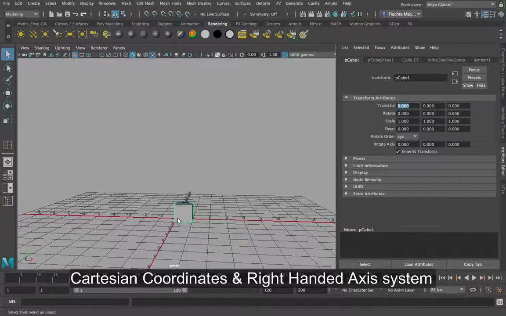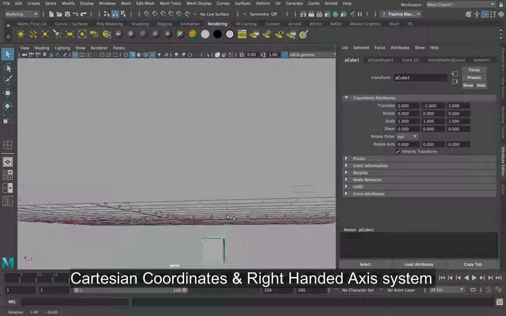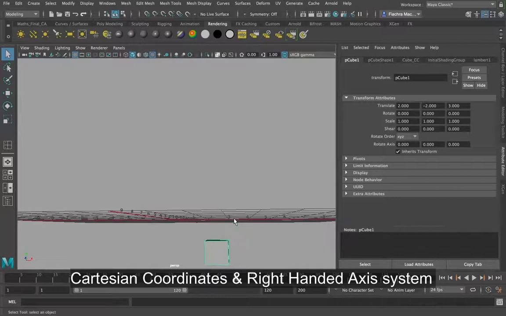So I'm going to translate this 2 in the x, let's say, minus 2 in the y, and 3 in the z. You can see now it's dipped below our grid, and that's because it's dropped by minus 2 in the y.